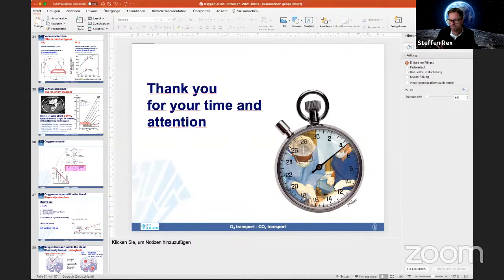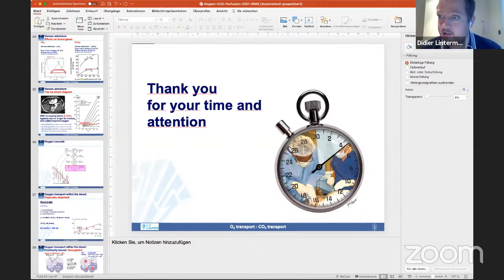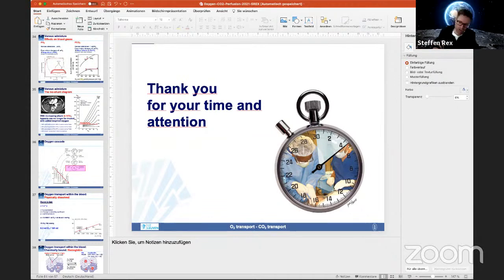Why do we put COVID patients on prone ventilation? This has to do with ventilation perfusion mismatch. You know that this is not only for COVID patients, this is for every ARDS patient.